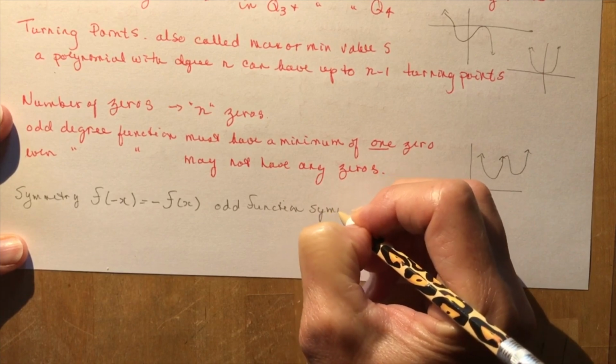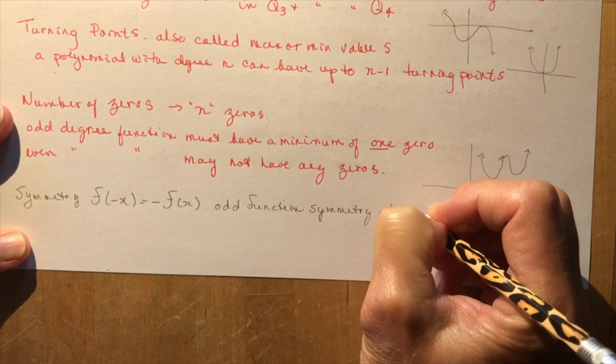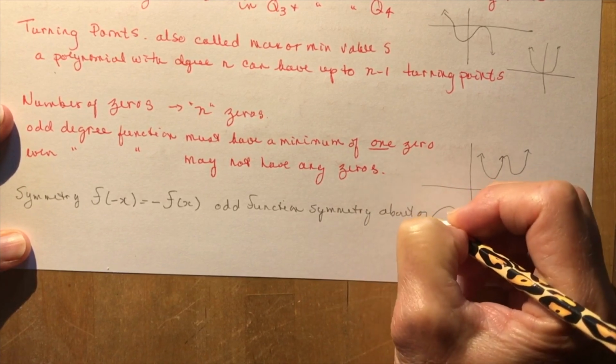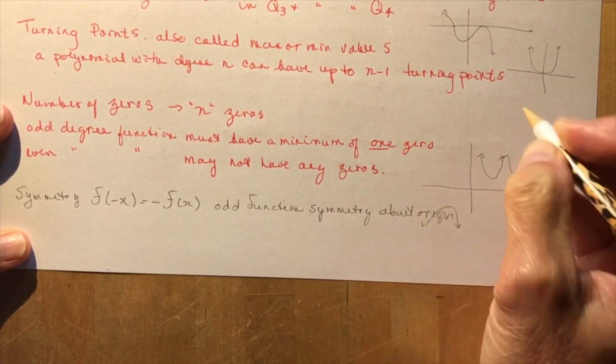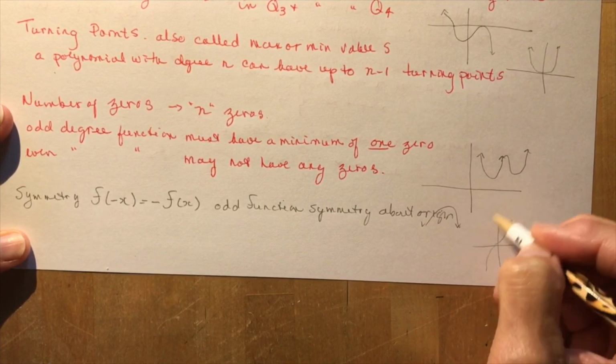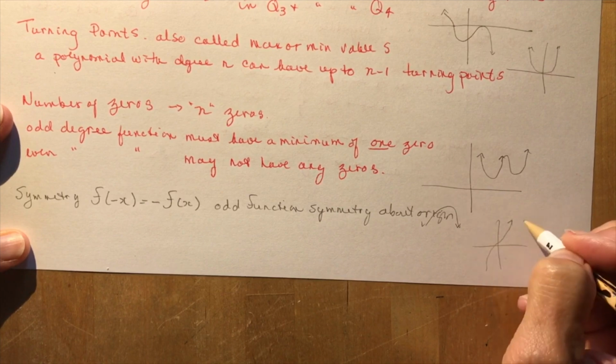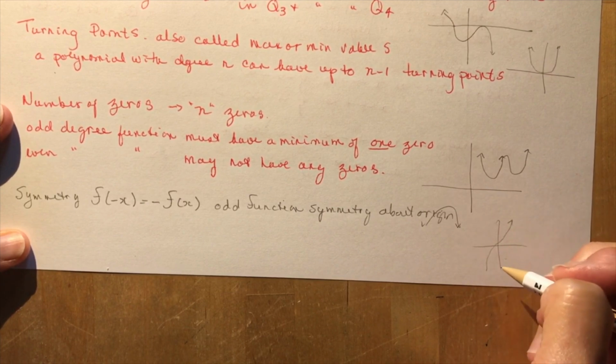That's like taking your cubic function and spinning it around. I could turn it around, so it's symmetry about the origin. Same thing with a line, if I flipped it around.